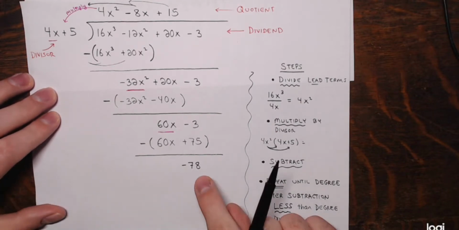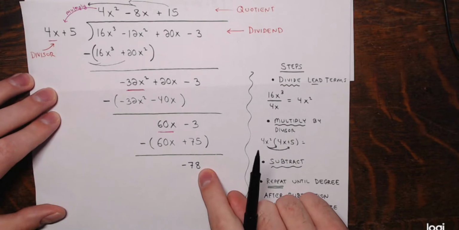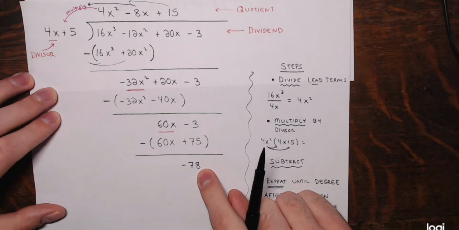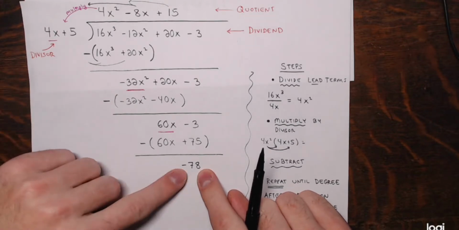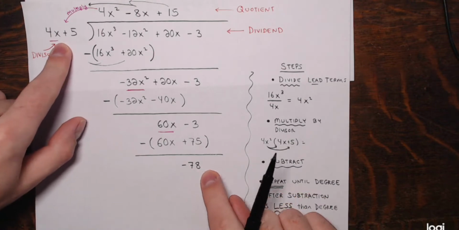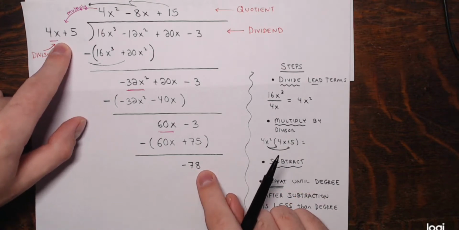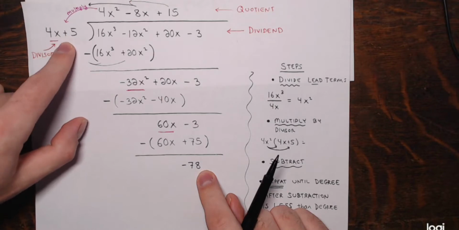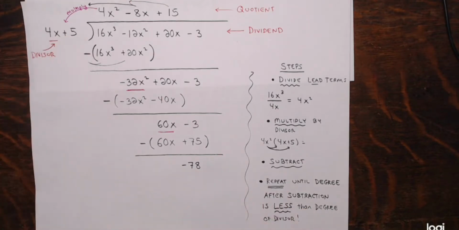A constant is all that's remaining, negative 78. That's degree 0. A constant is degree 0. And this divisor is degree 1. So the degree after subtraction is less than the degree of the divisor. So we are finished.